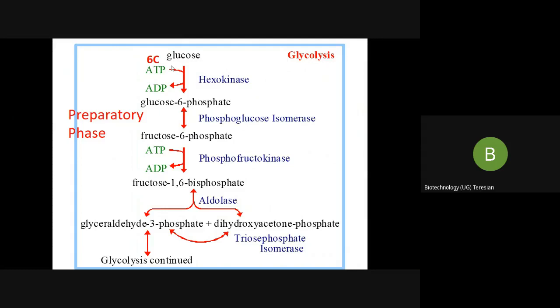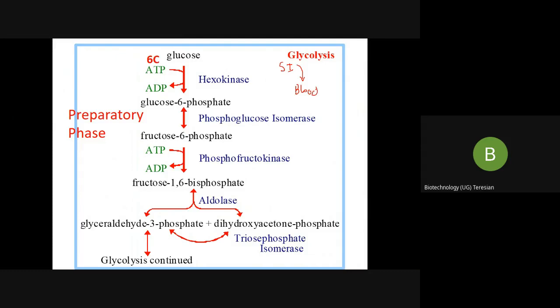Why? Because there is glucose from your food. So whatever glucose is present in your body from your small intestine, okay, it enters into your bloodstream.